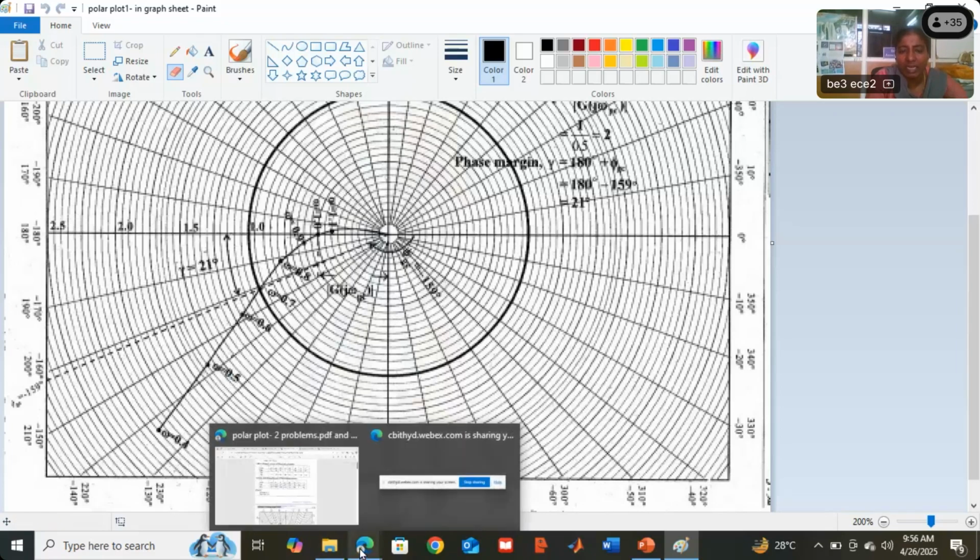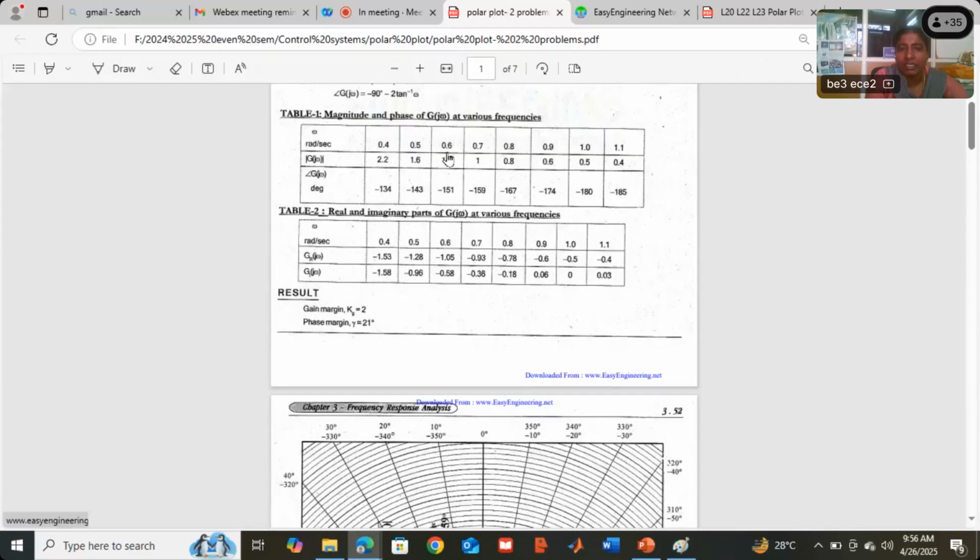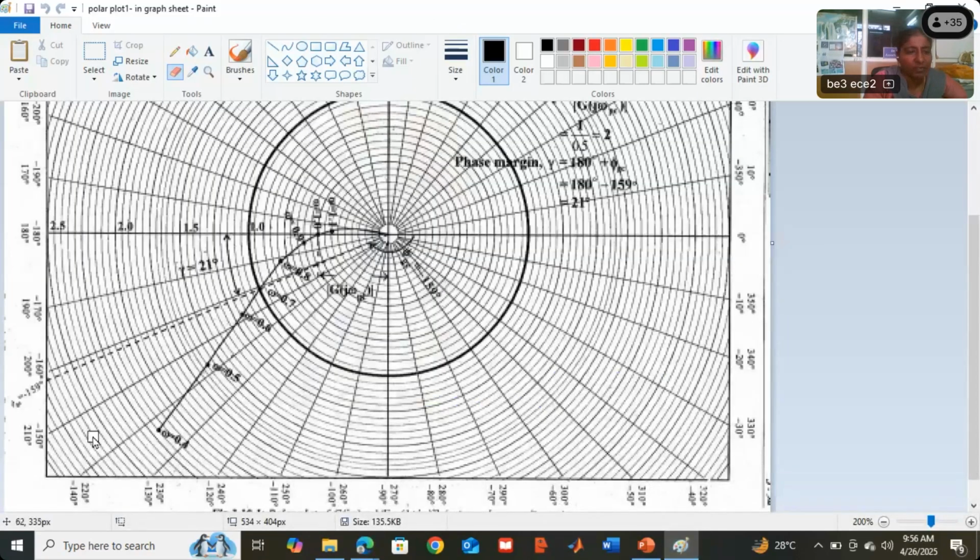Now the third dot. See the calculation at omega value 0.6: magnitude 1.2, angle minus 151. Go in the graph sheet along the angle. You first take the radial line, the angle, then decide which circle. Minus 151, where will it come?